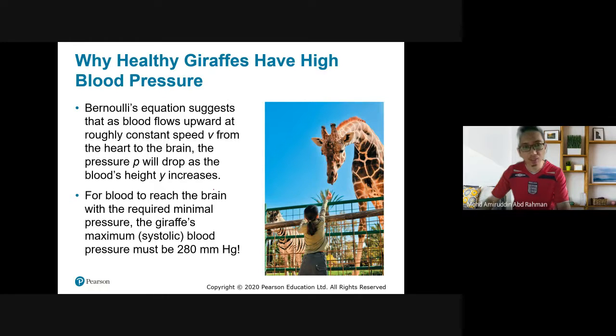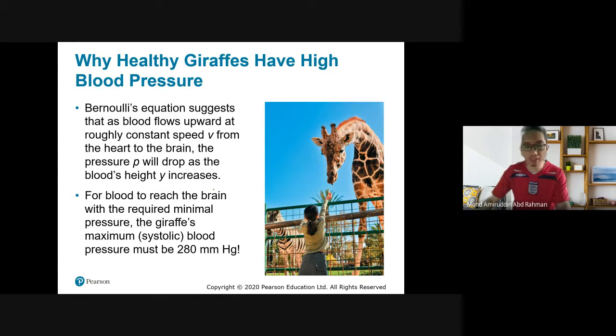So it doesn't work like people, where our normal blood pressure range is between 110 to 130. Compared to that, the giraffe requires 280 millimeters Hg.